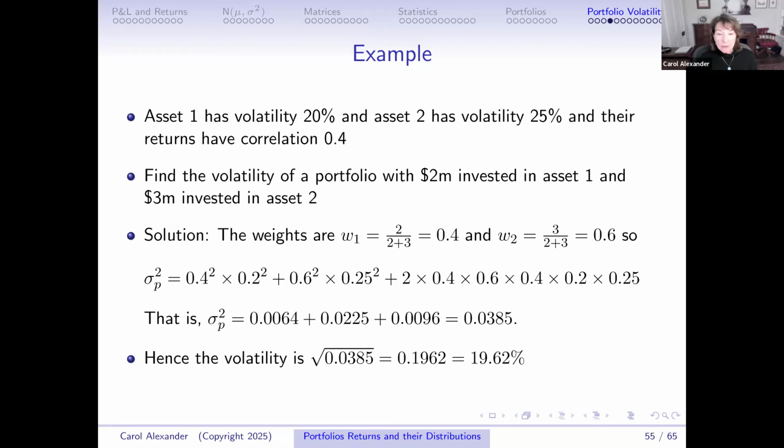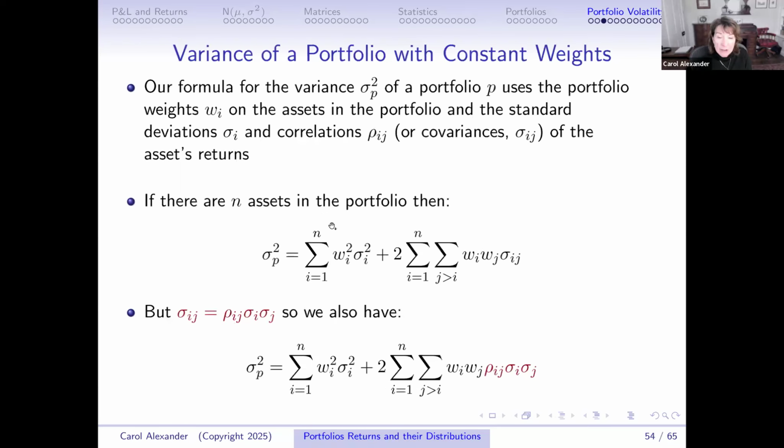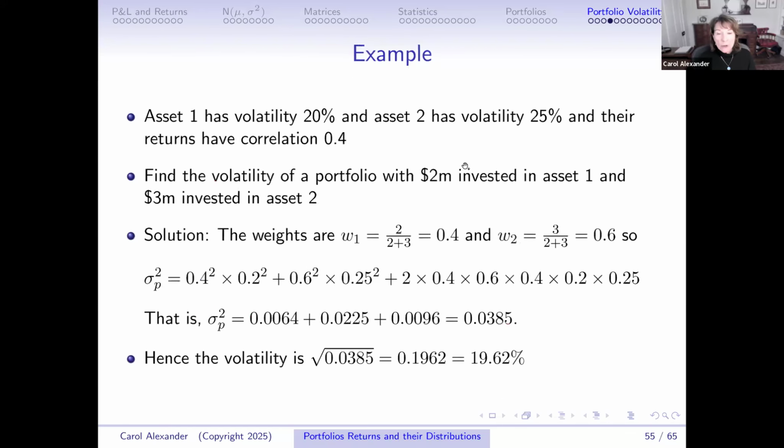So let's find the volatility of a portfolio where 2 million is invested in one asset and 3 million in the other. So we have to find the weights. Remember here, the formula for the variance of the portfolio assumes the weights are constant. So the weights are 2 over 5 and 3 over 5. So that's 0.4 and 0.6.